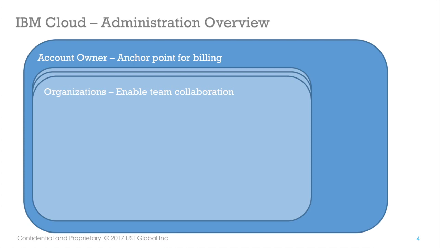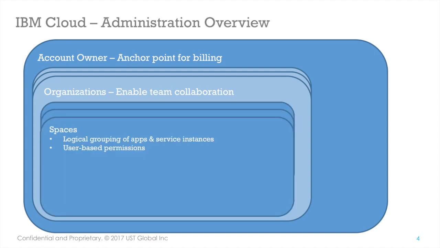And inside the organizations we have logical spaces. This is a logical grouping of applications and service instances, and you have different user-based permissions or rights to control what each and every user is able to do with the different applications and services.